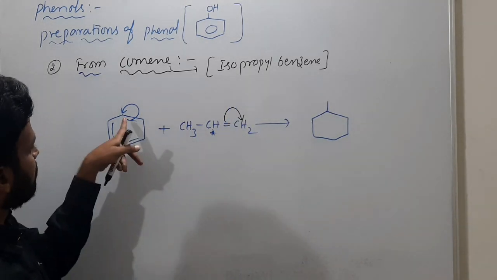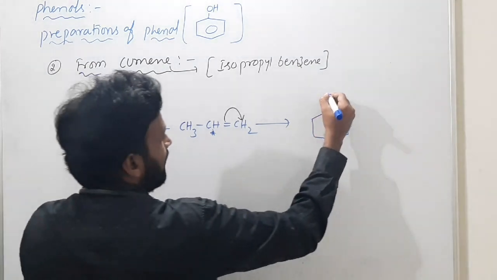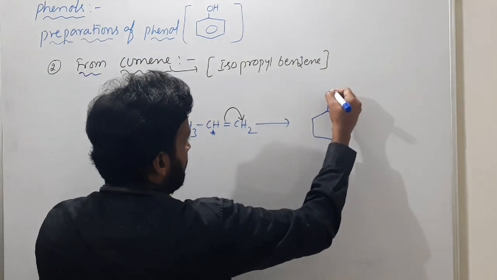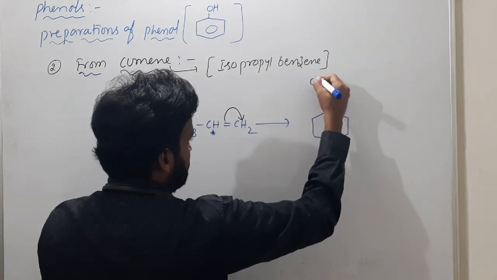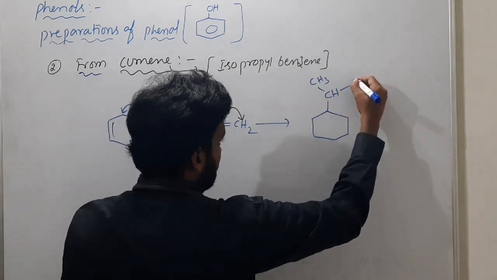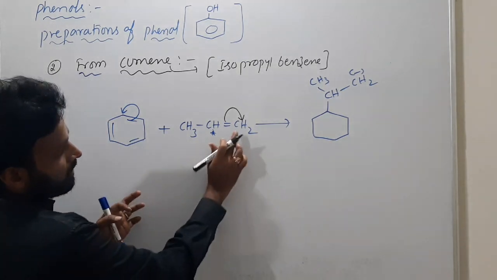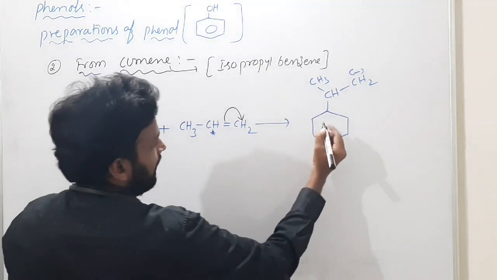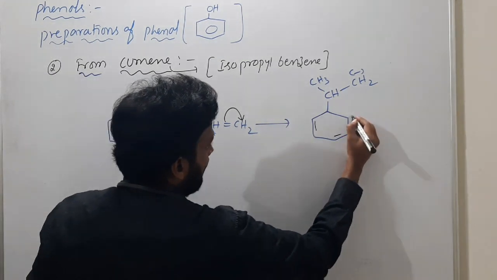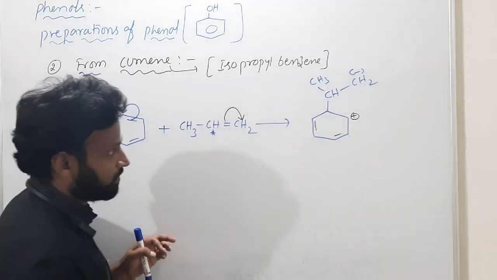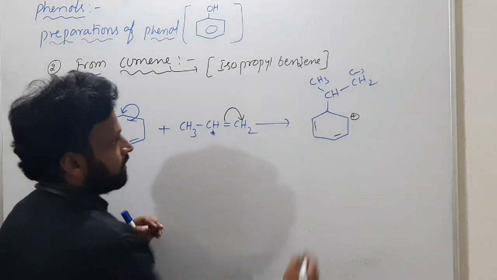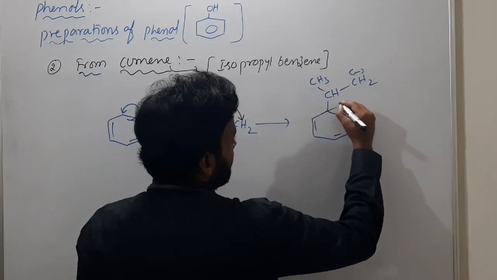So this positive carbon on this. So you will have like this C and H and CH3, and this is CH2 minus. Here you have 2 bonds, and here you have a positive charge. Got it?